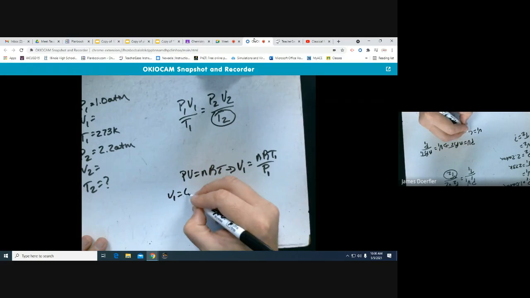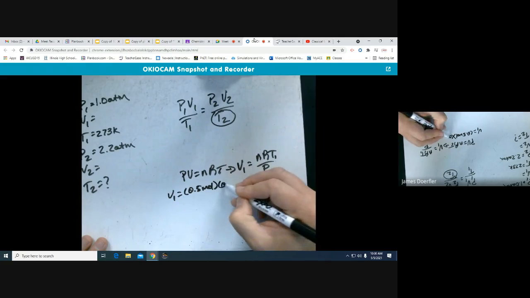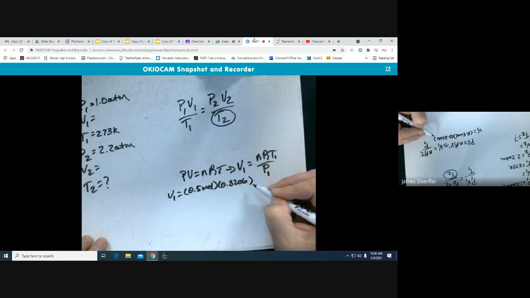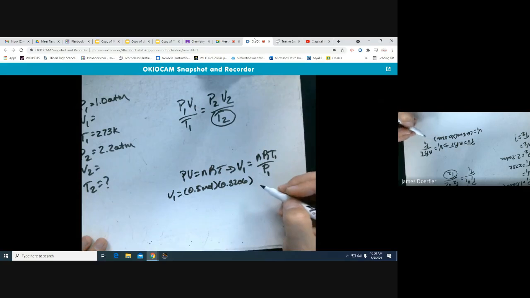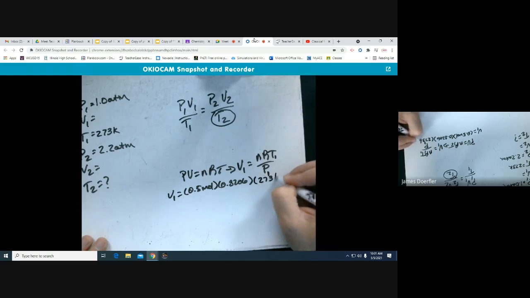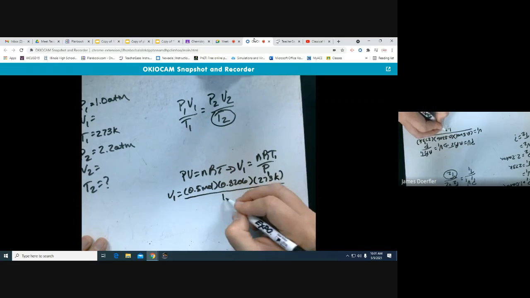V1 is equal to 0.5 mole, R 0.0206, and for space-saving measures, I'm not going to include the units, okay? Our T1 was 273 Kelvin, and our P1 was 1 atmosphere.